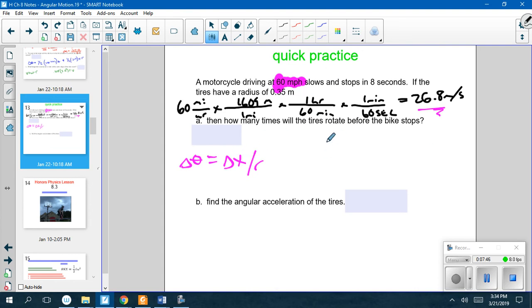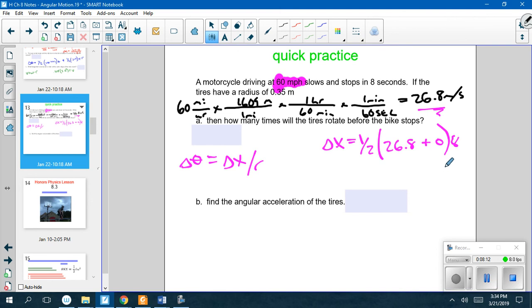I'm just going to jump right to it, so let's go delta x equals 1/2, 26.8 plus 0. I did this backwards, sorry. It should be the other way around. Not that it matters, but if you're doing this at home, I don't want you to get messed up. Final plus initial.